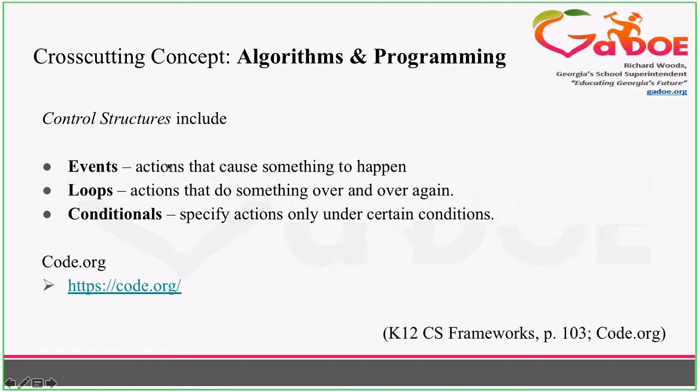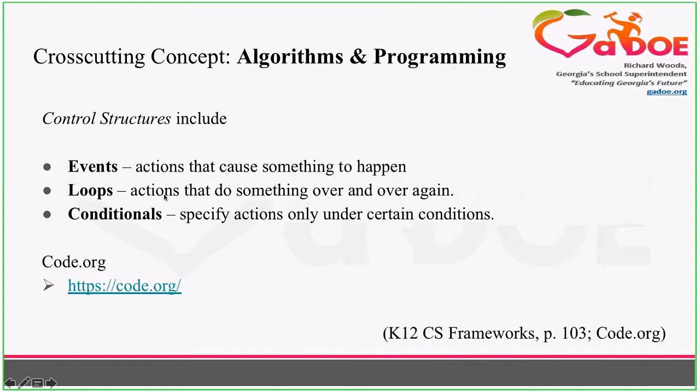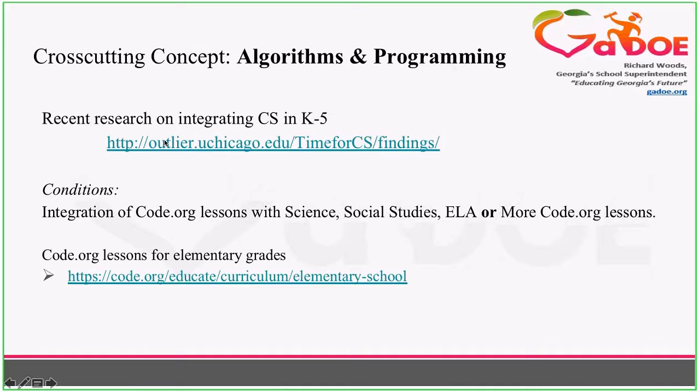So again, we're looking at events, loops, and conditionals. Events are a series of actions that cause something to happen. Loops are some action that does some function over and over. And conditionals, there's going to be action, but only under certain conditions.